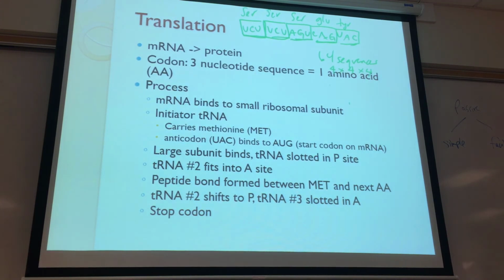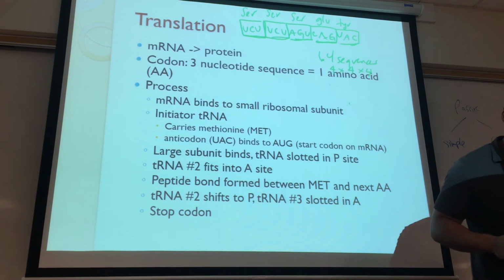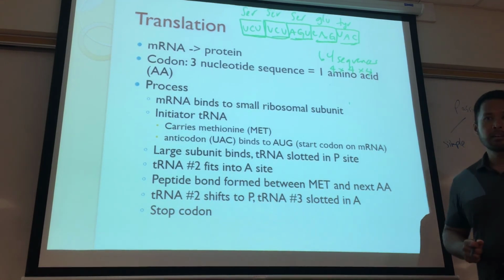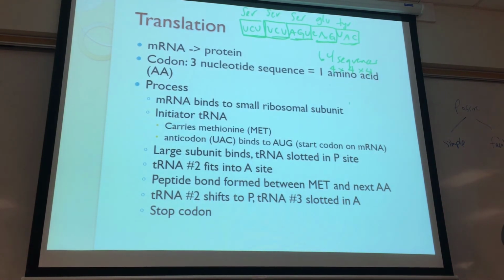That comes out to 64 available combinations that you can make to encode for 20 amino acids. The amino acids are the ones in parentheses: phenylalanine, serine, tyrosine, cysteine. Those are the ones on there. You see that?